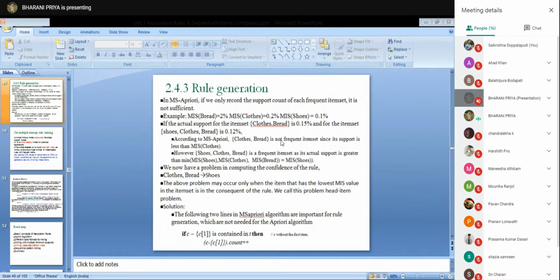But as clothes and bread is not frequent, in frequent item sets, I am not going to calculate the support of shoes, clothes, bread. If I am not calculating the support of this, then how can I calculate the confidence of this shoes, clothes, bread rule?